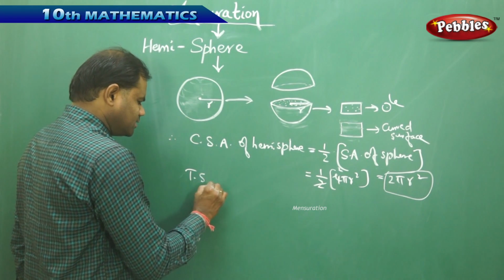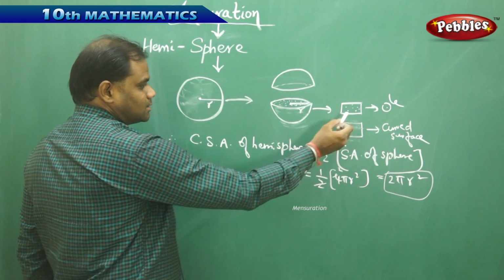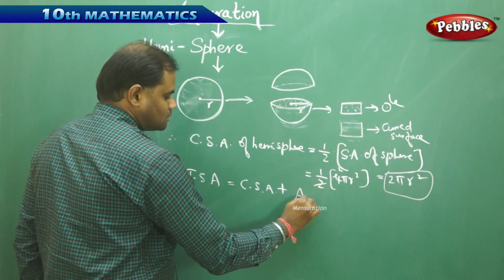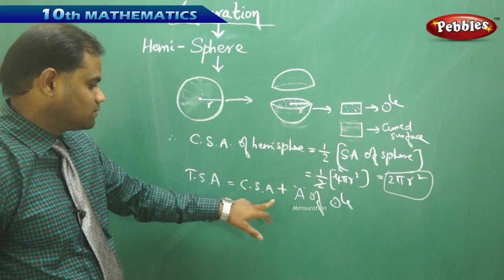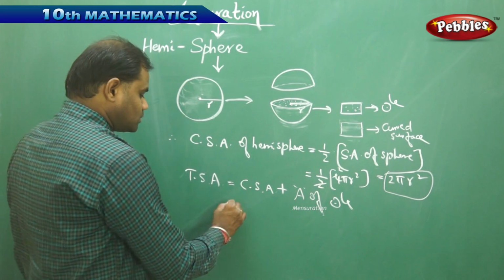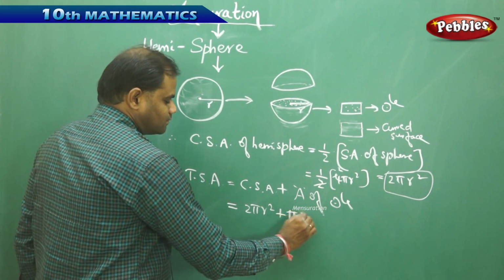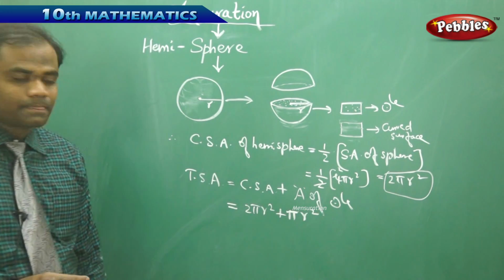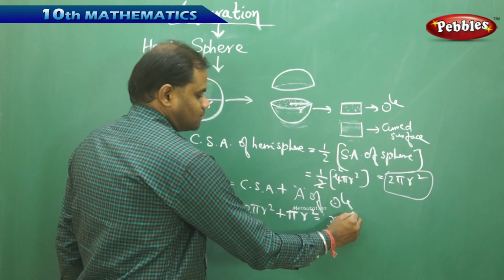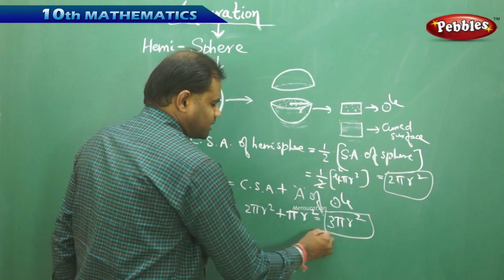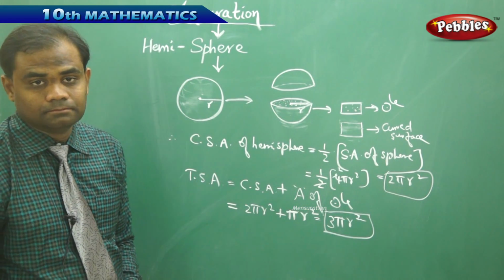Now, when I want to find TSA of hemisphere, this is CSA plus the circle on the top. So I get two regions, one is the circle and one is the hemisphere curved surface, which gives 2 pi r square plus the area of circle, which we all know is pi r square. Adding gives me 3 pi r square as the total surface area, and 2 pi r square is the curved surface area of hemisphere.